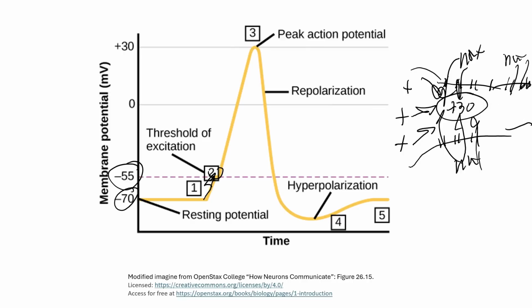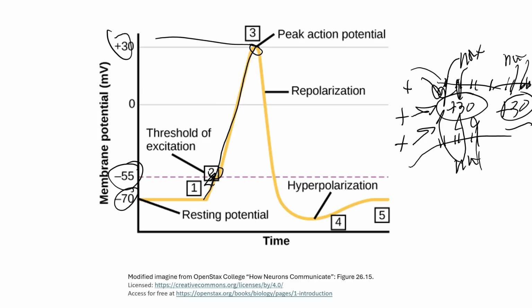It's going to drive the interior from -55 millivolts to +30 millivolts. And then the action potential is going to move on to the next region of the axon. So technically, this can be showing any region of the axon, but as I said, I like to think about it really as being the hillock because that's the most relevant.